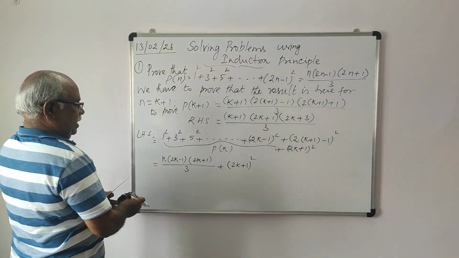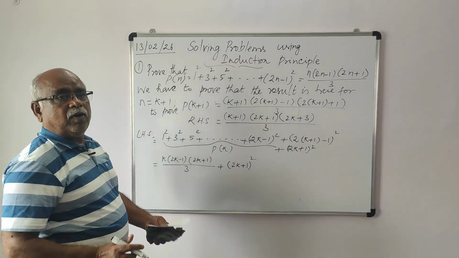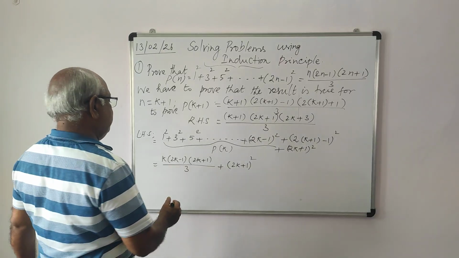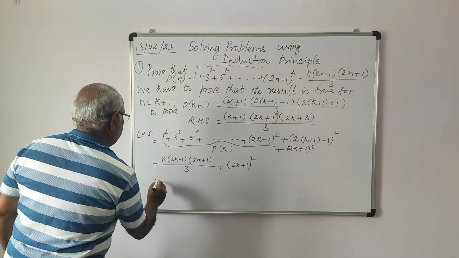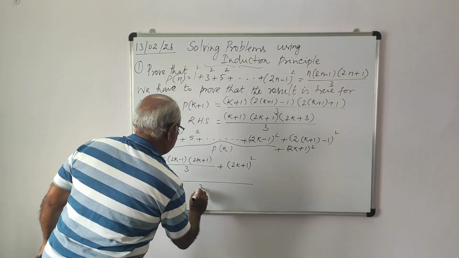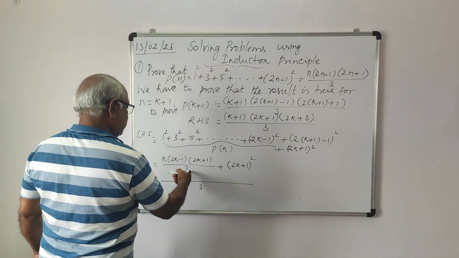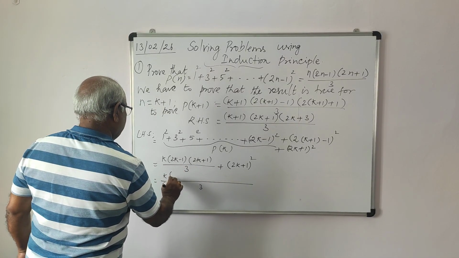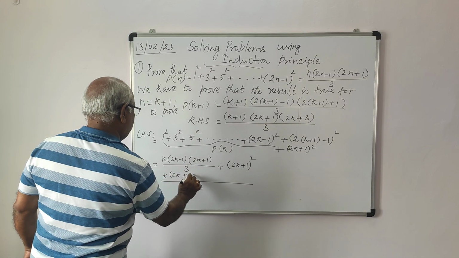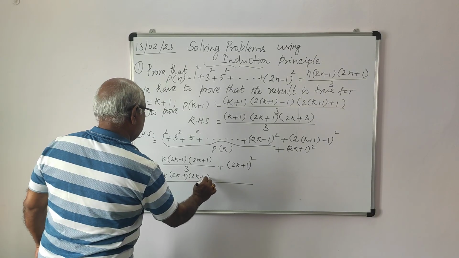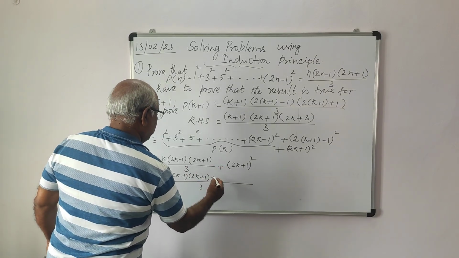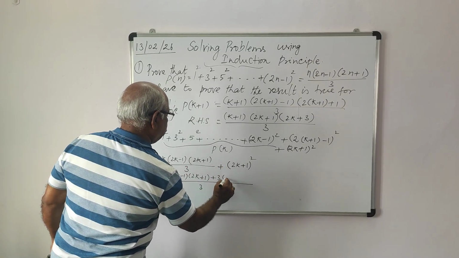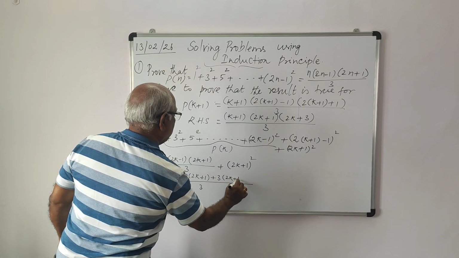Now to simplify this, we are going to take 3 as the common LCM. That is k into (2k minus 1) into (2k plus 1) plus 3 into (2k plus 1) whole square.